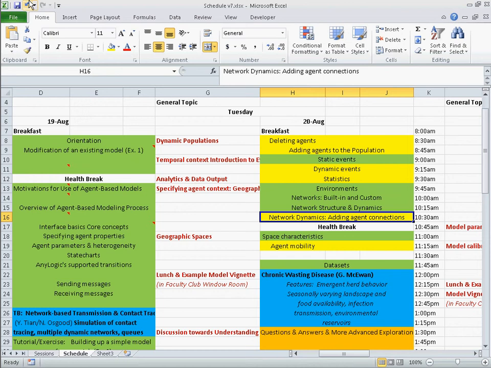So the answer is that for different types of networks, and this is a little confusing in the AnyLogic interface, you'll see different properties made specifiable. The connections per agent property is specified for certain networks and not for others.